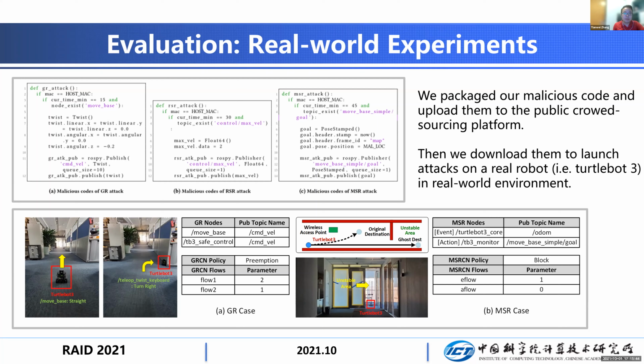Without our coordination nodes, the TurtleBot 3 will be compromised and will easily hit the walls or the doors. After we enable our Itron system with correct policies, the robot can run safely without hitting any obstacles. This demonstrates the practicality and effectiveness of our solution.